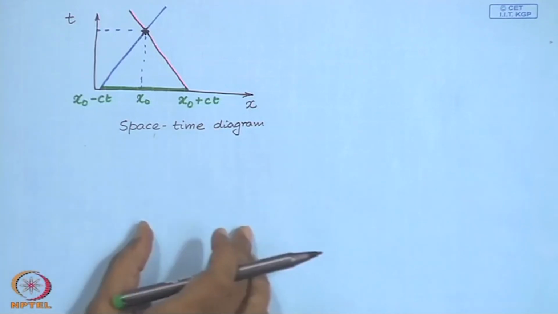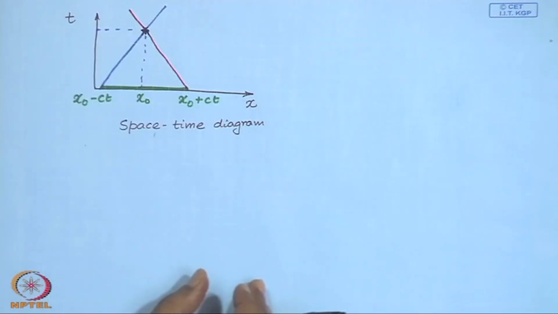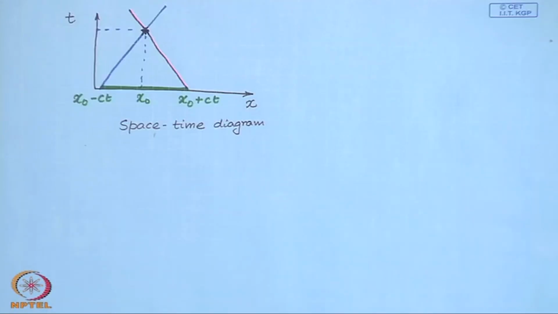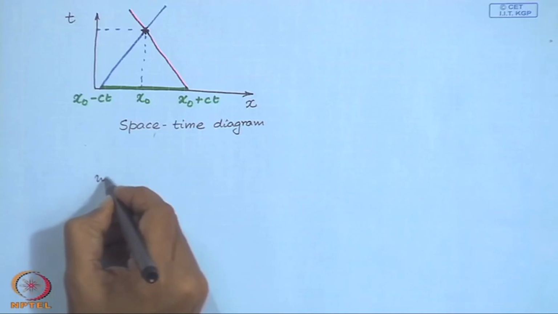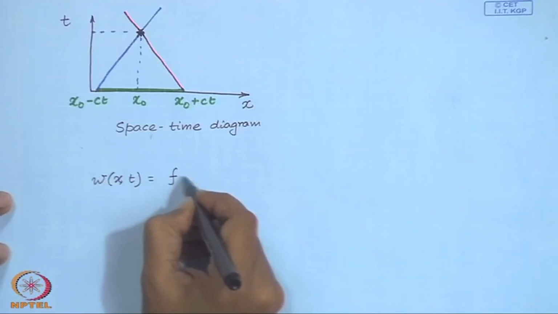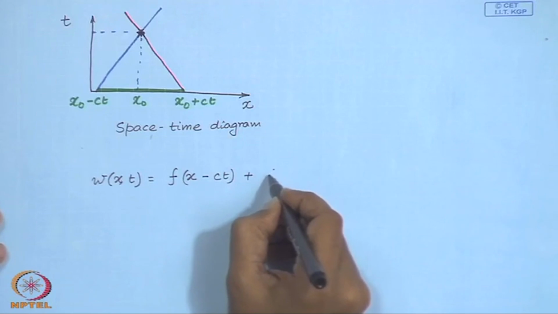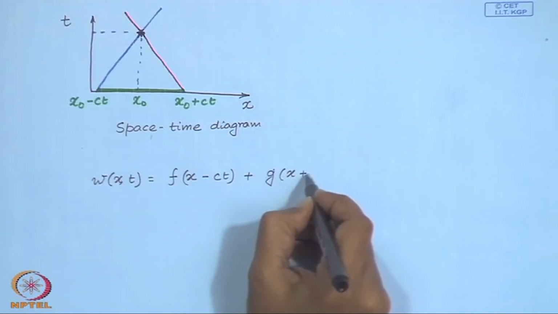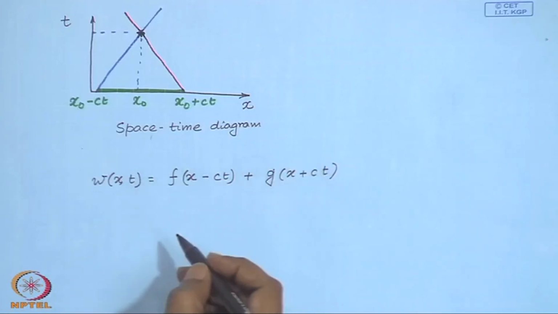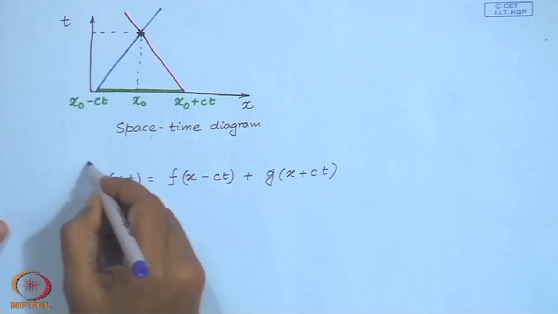So, in this space time diagram we can visualize various things. Now, this solution that we have written out is known as the Alembert solution.